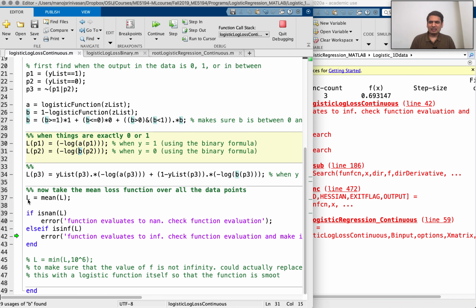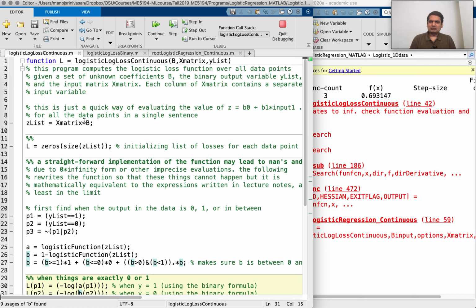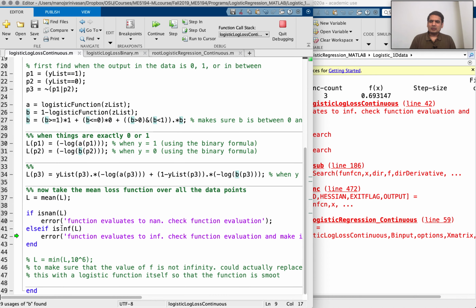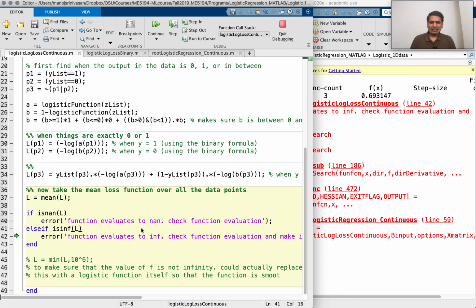Basically, it's claiming that for the initial guess for B, the value of L is actually infinity. It's like I say if isinf of L, then error out like this. And that's what happened. Now, why did that happen?